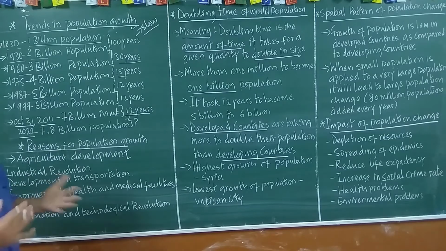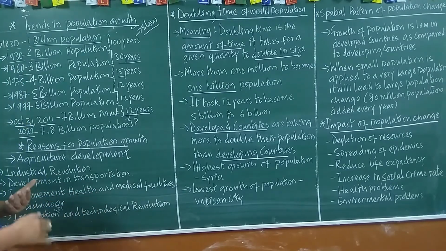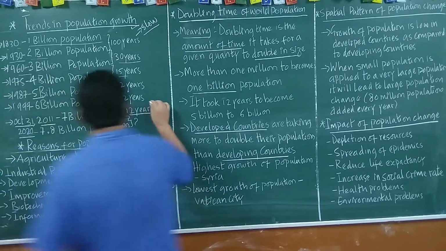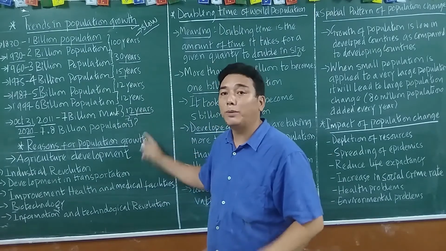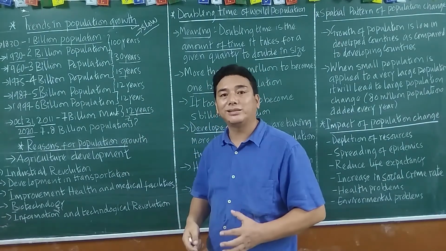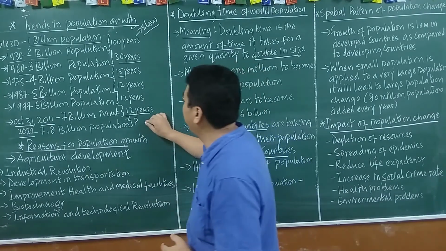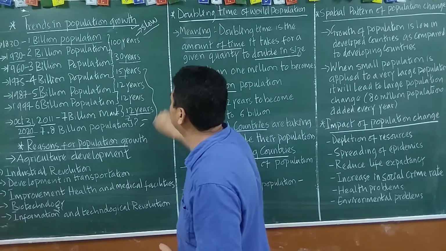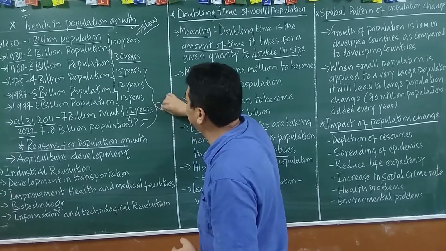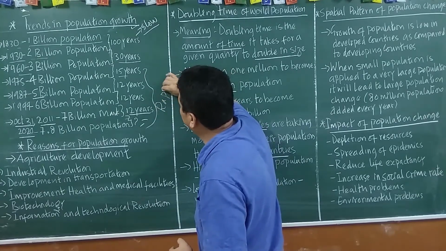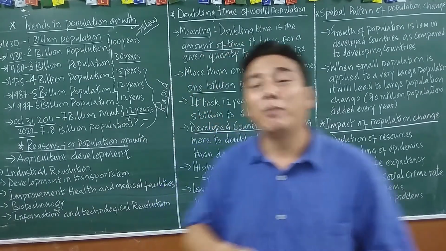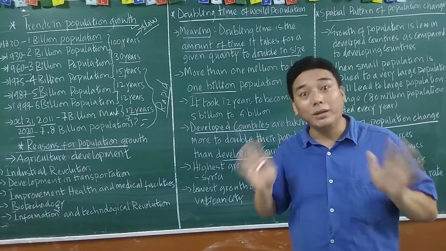And there are 10 countries which will cross the billion mark. So you can see the scenario here: how the population is increasing. It is increasing rapidly. All these situations come under the rapid increase in population, and population is increasing at an alarming rate.